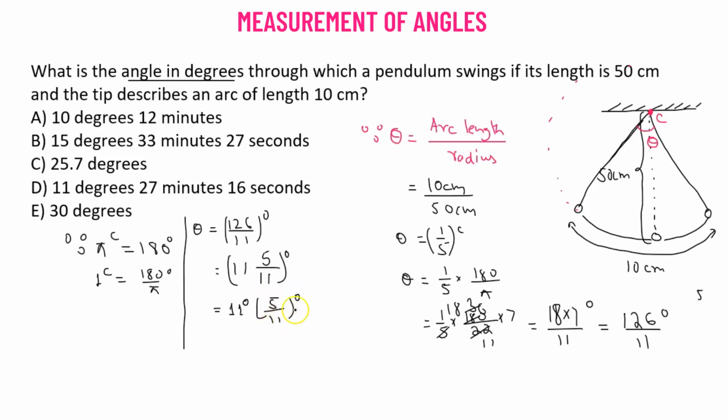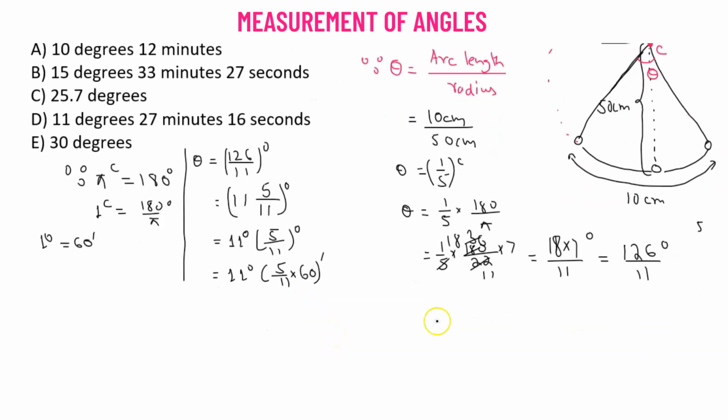We'll convert this 5 over 11 degrees to minutes. We have to remember the fact here that 1 degree corresponds to 60 minutes. So that means we will multiply 5 over 11 with 60 and the degree will get converted to minutes. Fine. Now, what's 5 over 11 times 60? So that means we have 5 times 60 over 11.